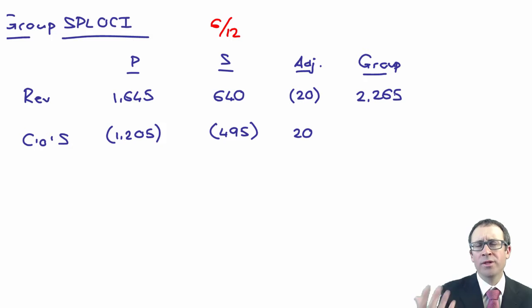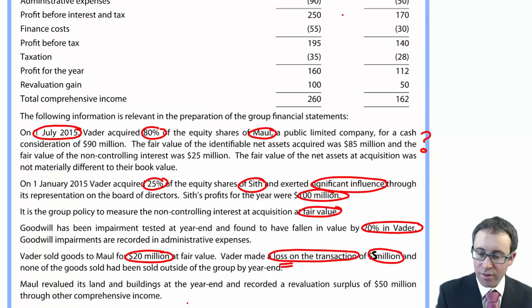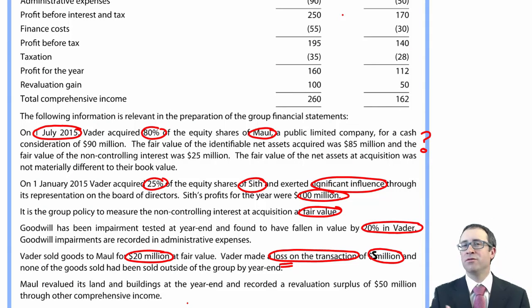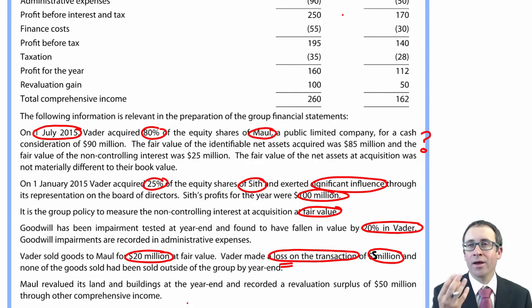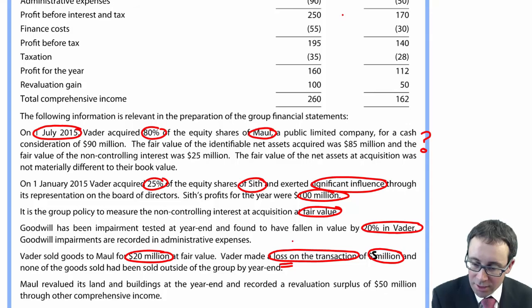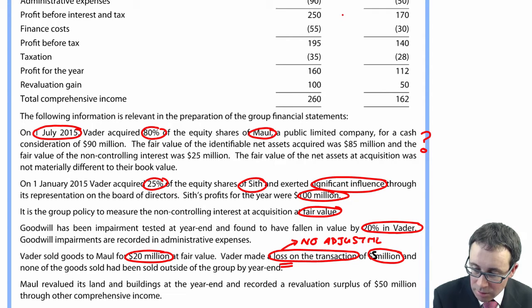Excellent. There was no material difference between the fair value of the net assets and the book value, so there was no depreciation. You think there will be an adjustment, like a provision for an unrealized loss, but if you've made a loss on the transaction, the assumption is that that loss is at arm's length, and therefore it's prudent to recognize that loss. If you can anticipate a loss, then you should recognize that loss in full immediately. So whatever figure we have for the loss on transaction, there is no adjustment, assuming that it's at arm's length.